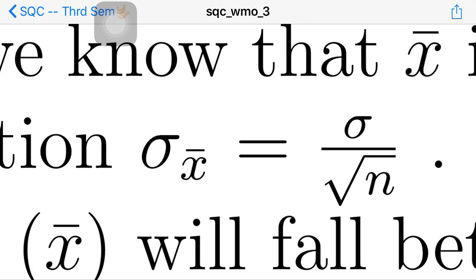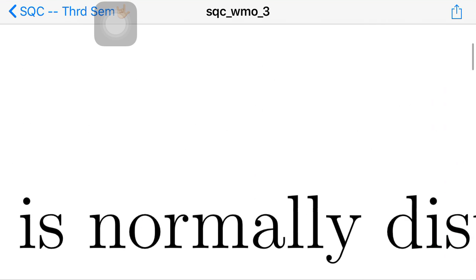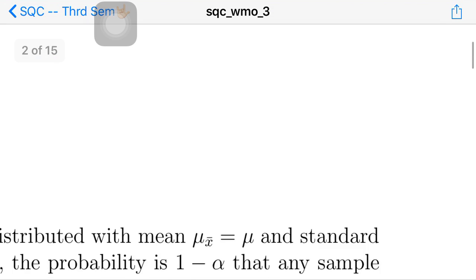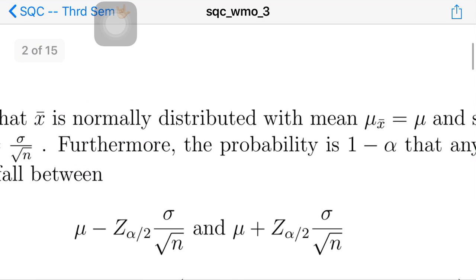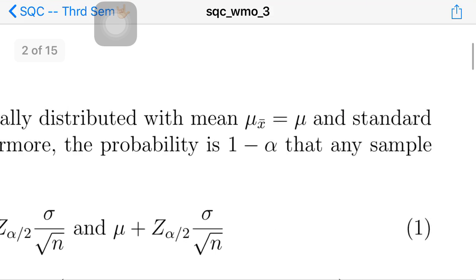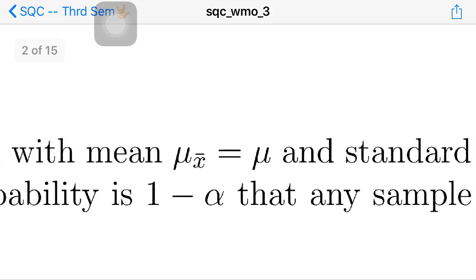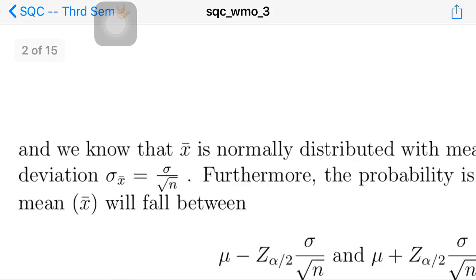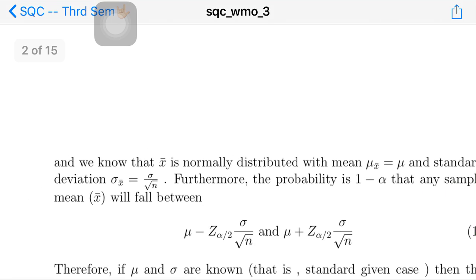From the theory of sampling, we know these things: mu X bar equal to mu, and standard deviation of X bar is equal to sigma by root n.